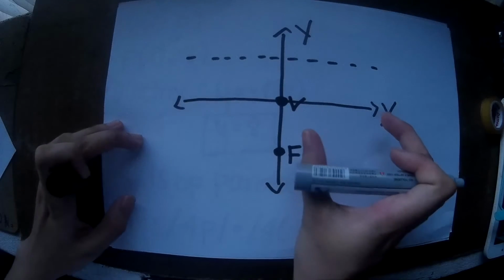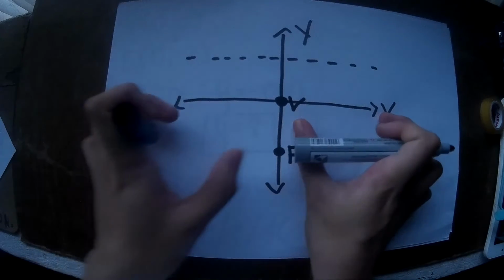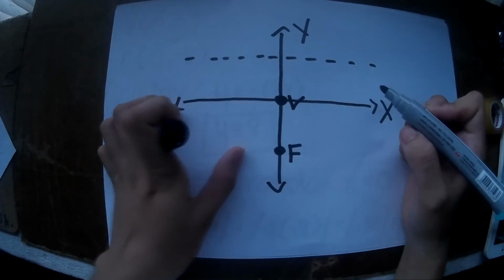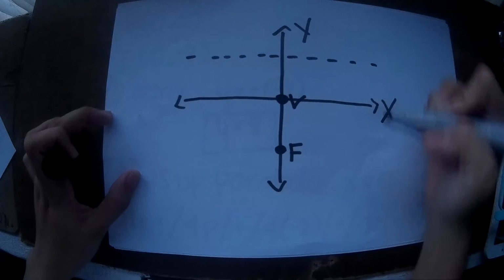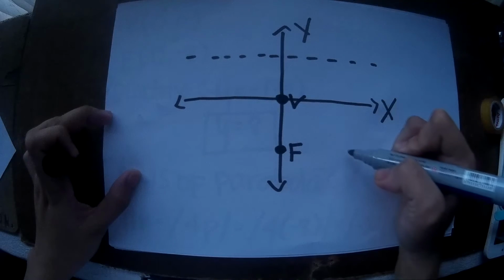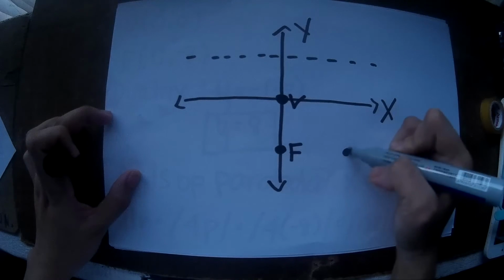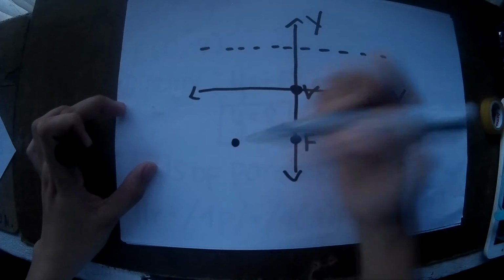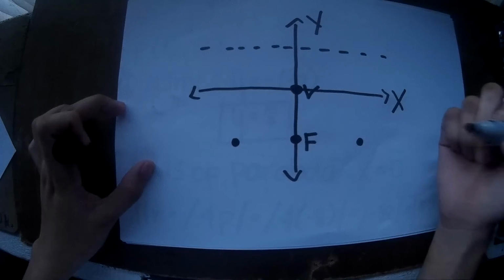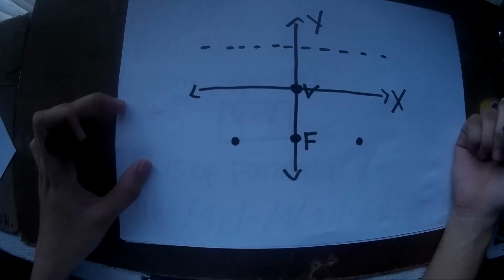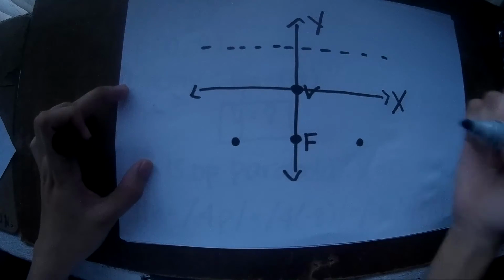So it's going to be 16 here and 16 here. So we approximate that positive 16 is going to be here, and our negative 16 is going to be here. I am just approximating the distance. This is not the perfect distance, though, but I am sure this is what it looks like.